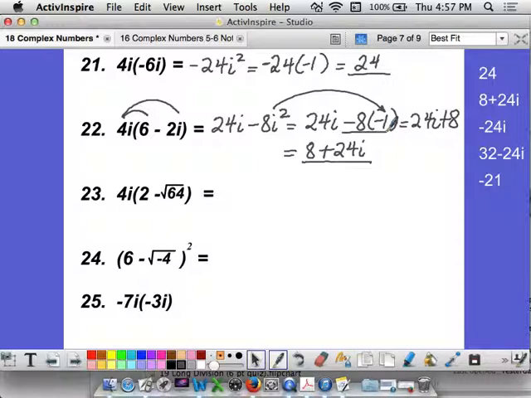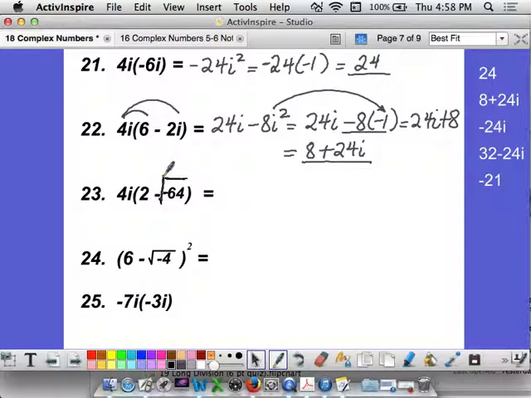On number 23, I'm going to first of all take the square root of 64. So this is 4i times 2 minus 8. And that probably was supposed to be negative 64. I'm going to change that real quick to a negative 64. Here we go. Sorry about that. The square root of negative 64. That's going to make a little more sense.